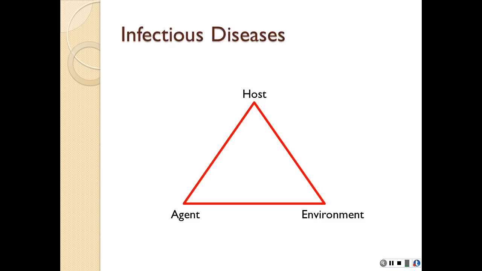Which leads us to the spread of infectious disease. Infectious disease is due to an interaction between the agent, host, and environment. This is the infectious disease triangle. An agent is any microorganism that must be present for an infection to occur.